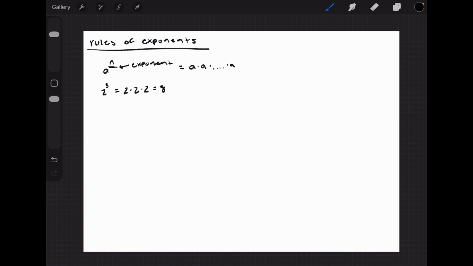Now, there are some rules that we'll be going over today. Our first one is the product rule. This rule means when you multiply two exponential expressions with the same base, you add the exponents.